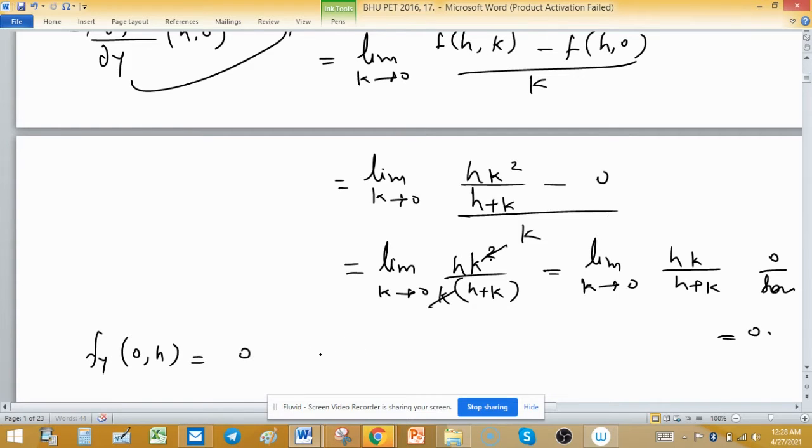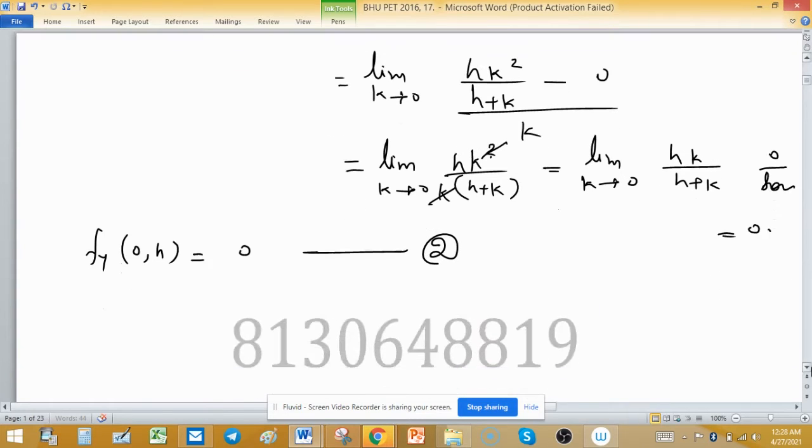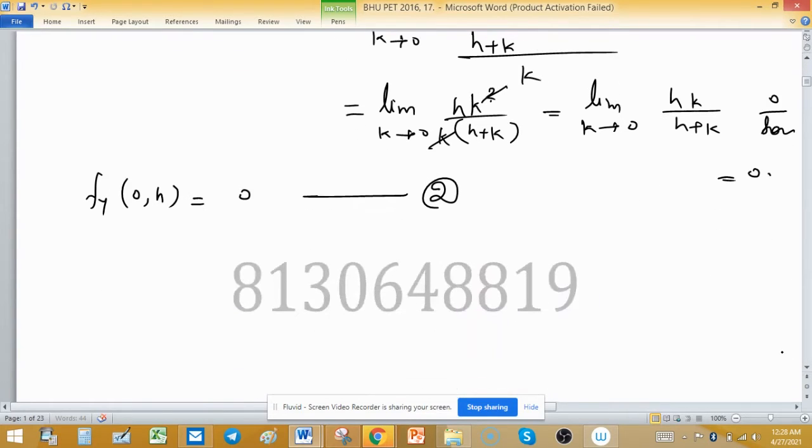We will put this value in principal equation 1. Now the second one: we have to find fy at 0, 0, which is used in equation 1.